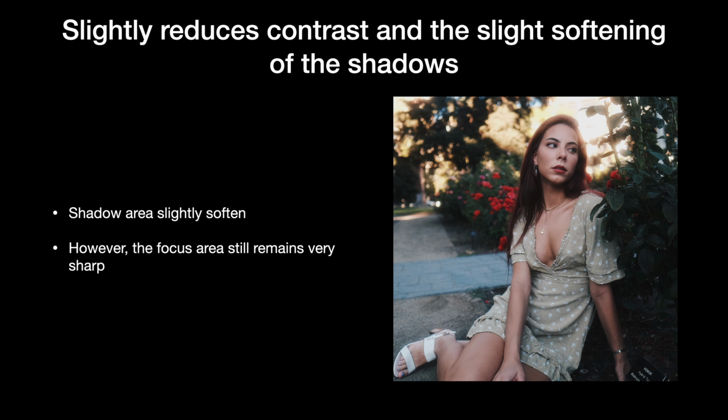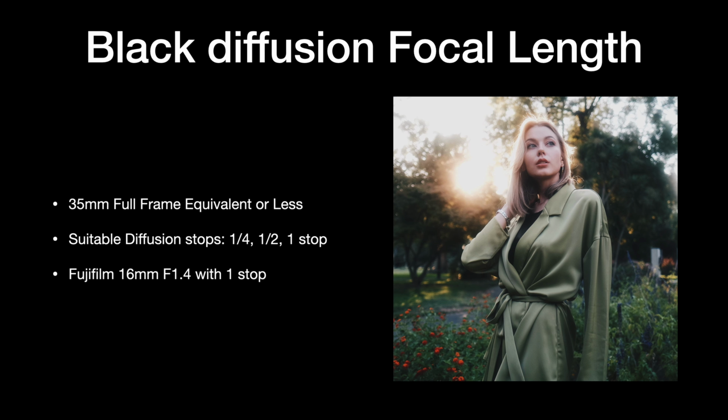It still remains pretty sharp, and on the leaves, all the rose leaves on the right hand side of the image, those dark shadow areas are slightly softened. So it creates a nice overall balance between the strong harsh light right around the head area and the slightly softened leaves right next to the portrait. It creates a nice balance, dark versus light.